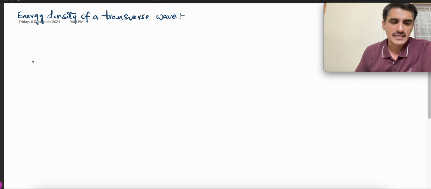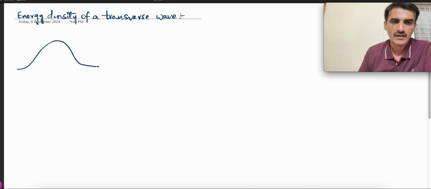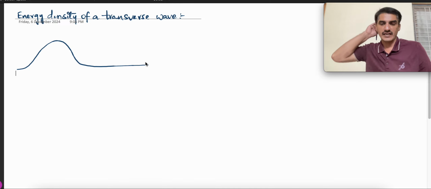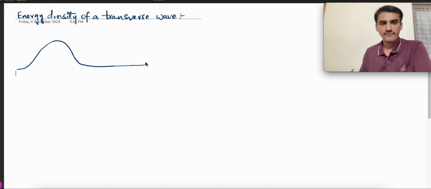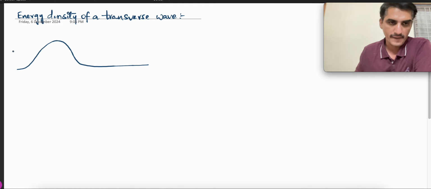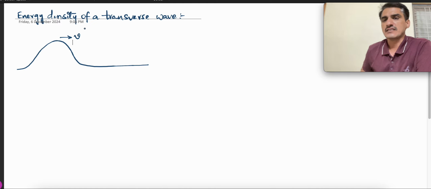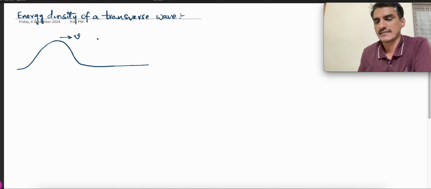Okay, now let us suppose a wave is created in a string or a rope. Once the wave is generated, automatically it travels with a certain velocity, and we know that velocity formula also, v is equal to root of T by mu.